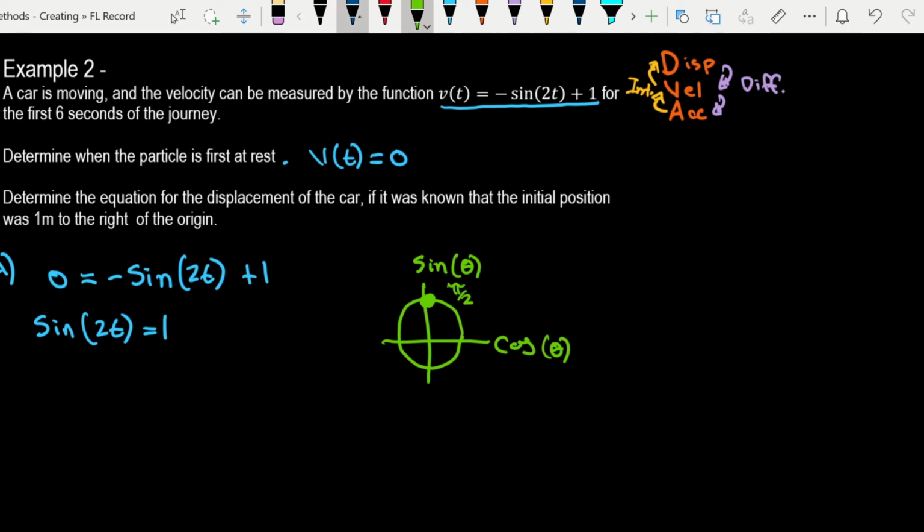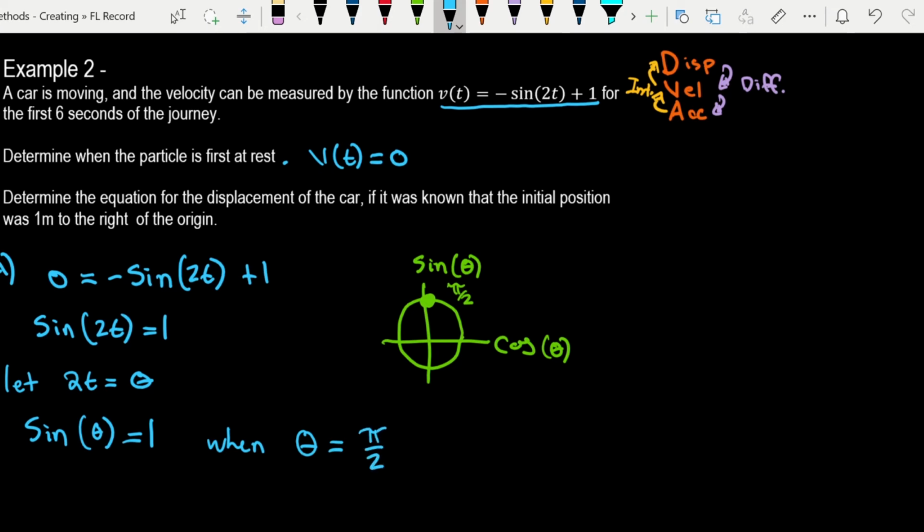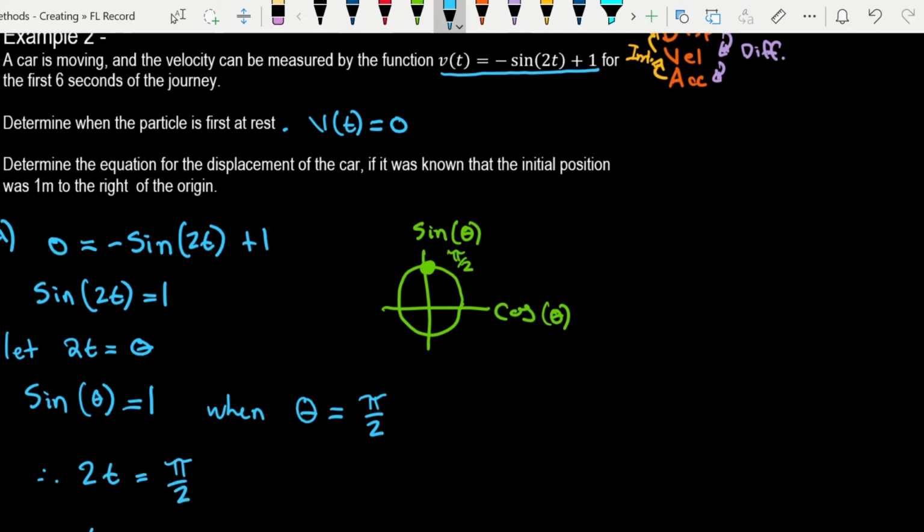So if I just do a little bit of substituting here, if I just say let 2t equal theta, I know that sine of theta is equal to 1 when theta is equal to pi on 2. So therefore, 2t is equal to pi on 2. And if you're solving for t here, you can just divide by 2 and you get pi on 4.